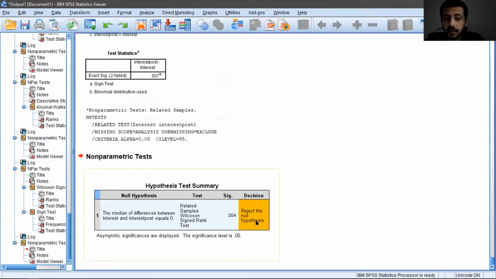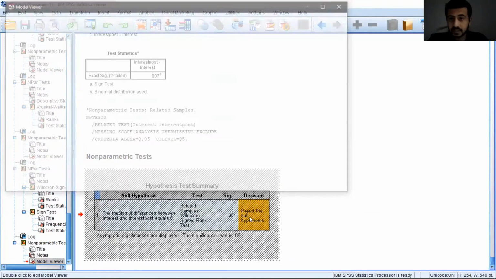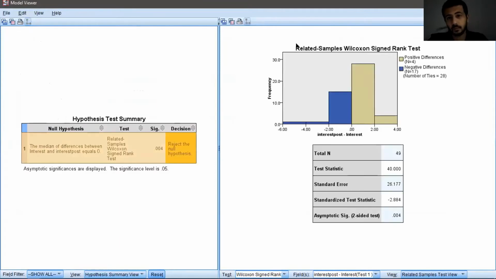Also reject the null hypothesis. The median of differences between interest and interest post equals 0. Then I have a significant difference, but the median difference is 0. As you can see here, they are distributed differently, but the median difference is not so far from each other.